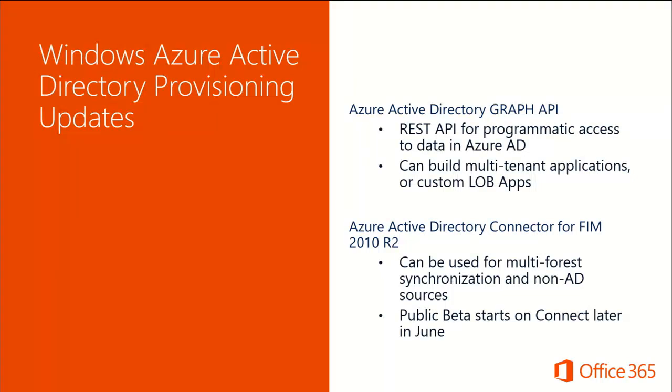So you can use this from PowerShell, and this is a pretty recent addition that we've had. You can use this from PowerShell to modify your users in the Active Directory. And we also have the Active Directory connector for Forefront Identity Manager 2010 R2. And we're starting a public beta for this later in June.